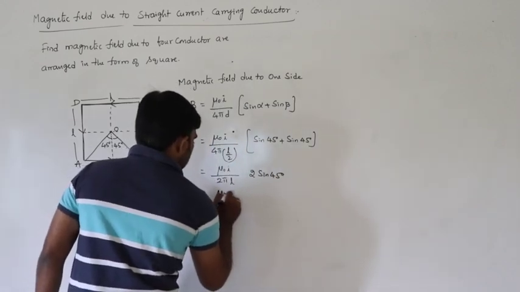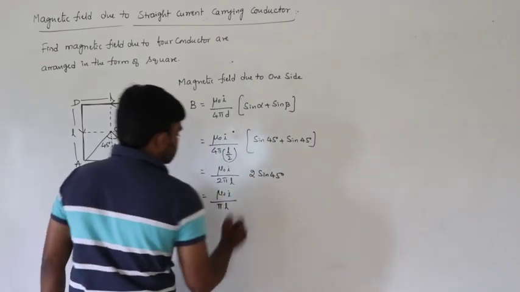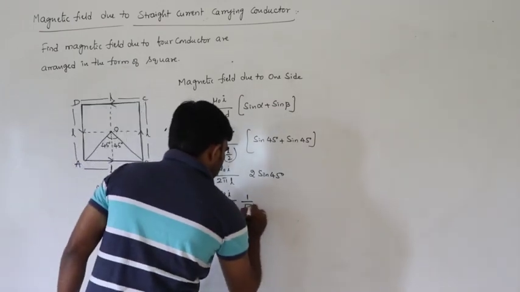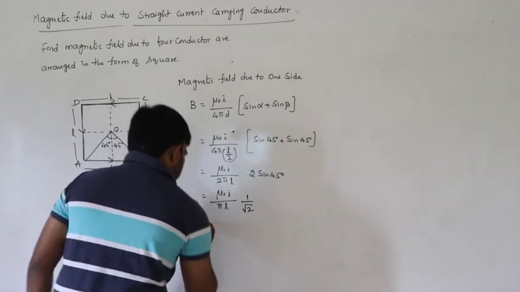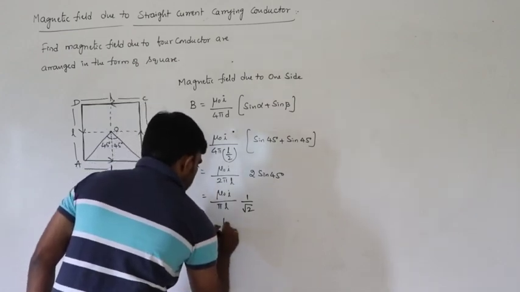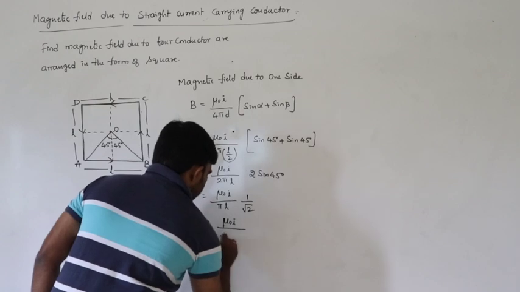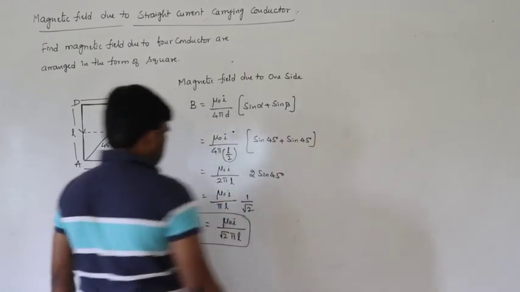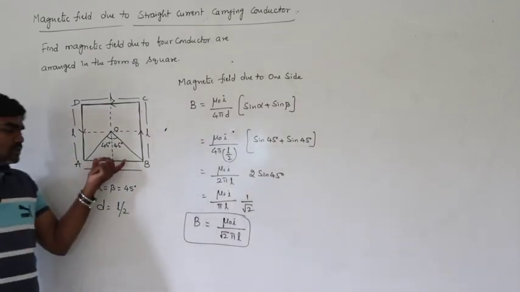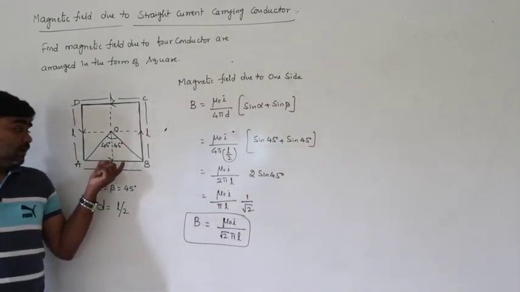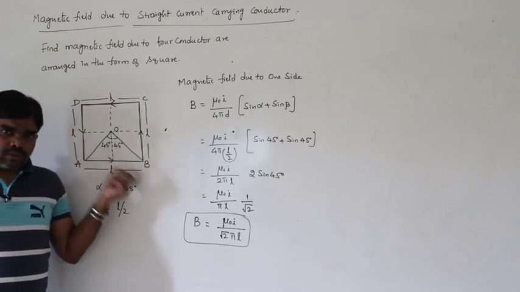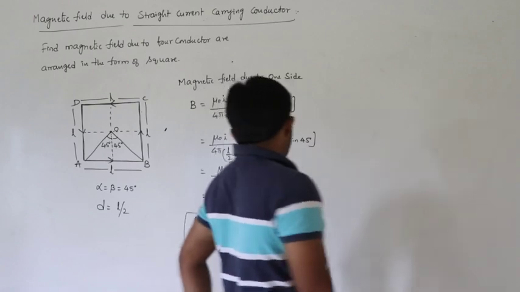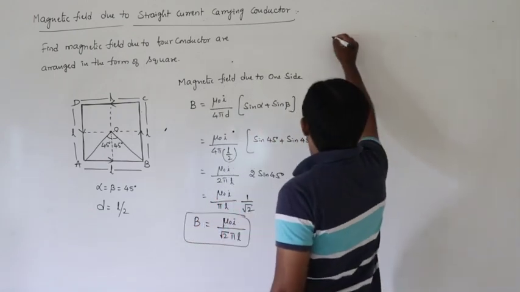So that is mu naught I by pi L, the 2 also gets cancelled, sin 45 is 1 by root 2. Therefore the magnetic field is equal to mu naught I by root 2 pi L. This is the magnetic field due to one side of the conductor.